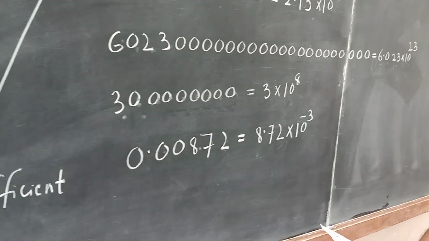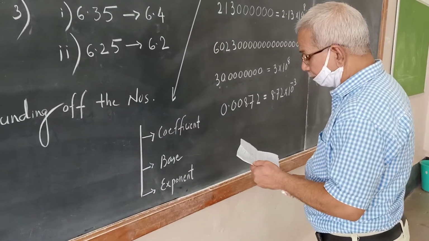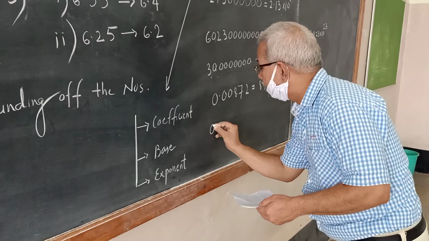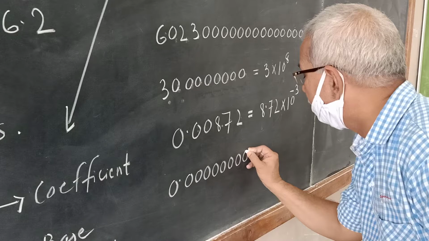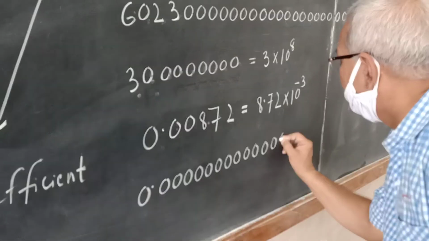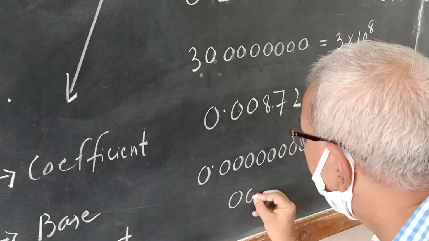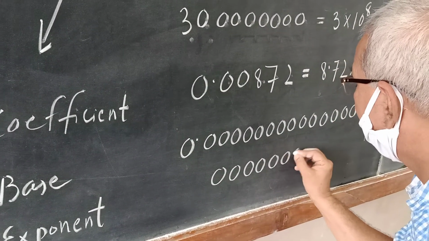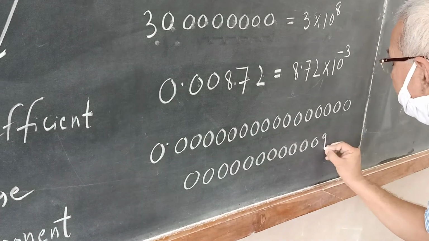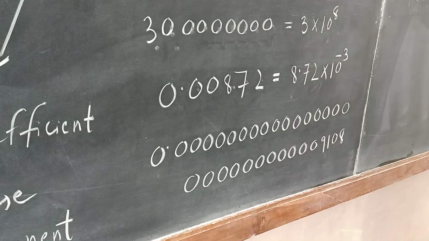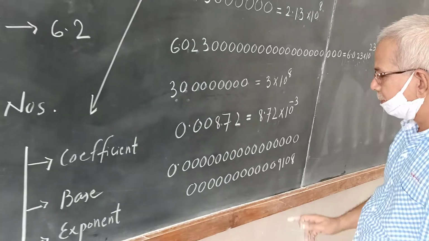One more example. See, a huge number. Now I have to place the decimal here.